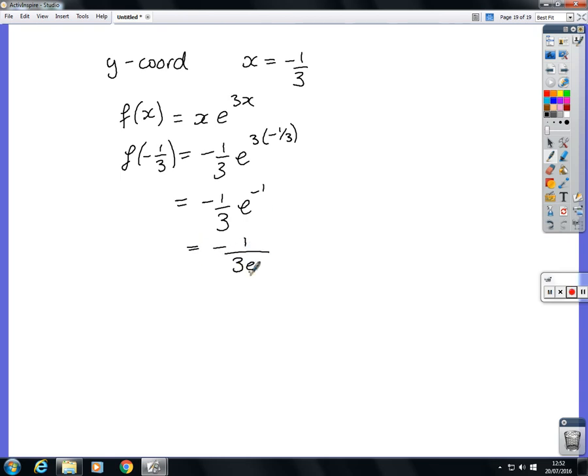You can evaluate this as a decimal if you like. So the coordinates of the minimum turning point would be negative 1/3, negative 1 over 3e, as a minimum turning point.